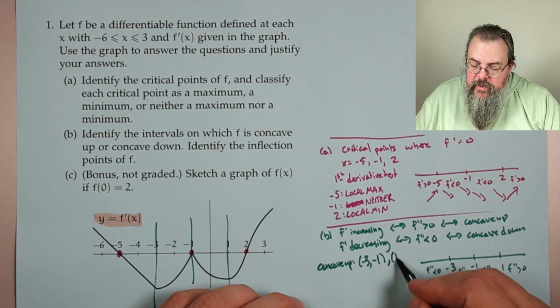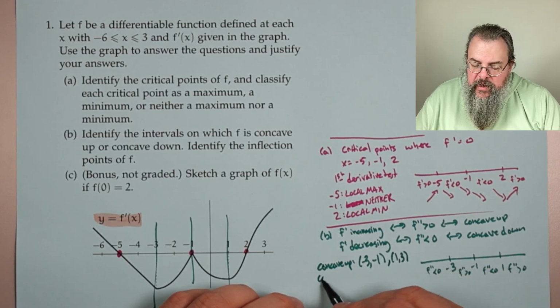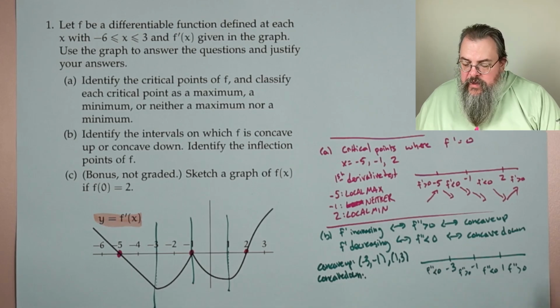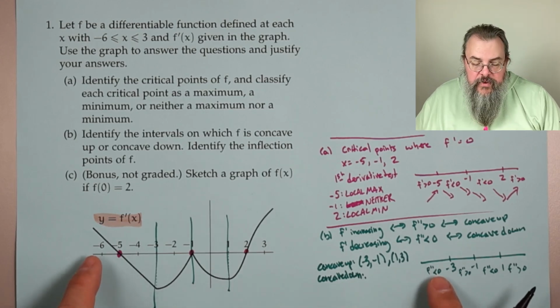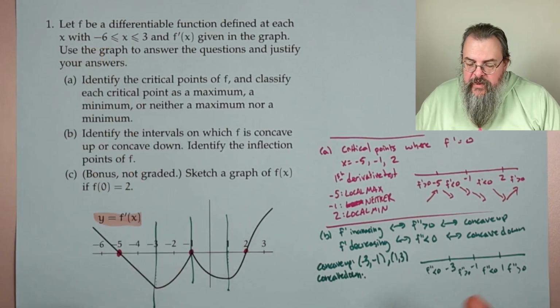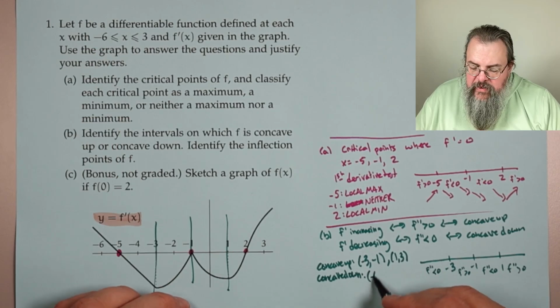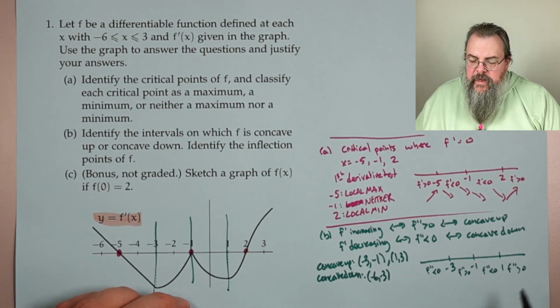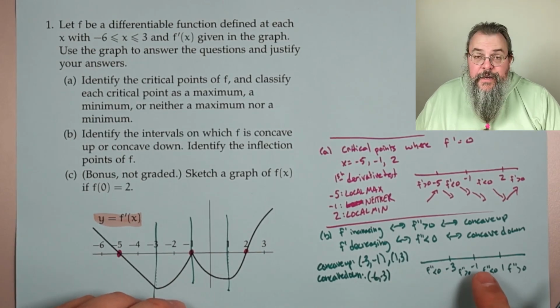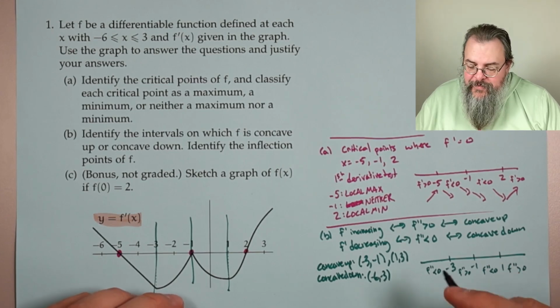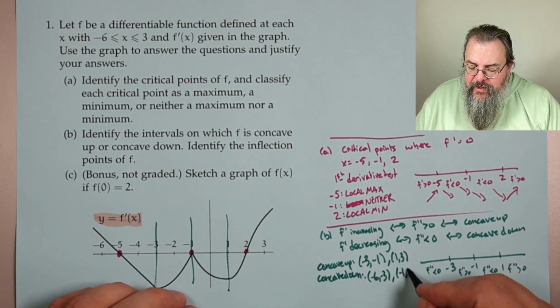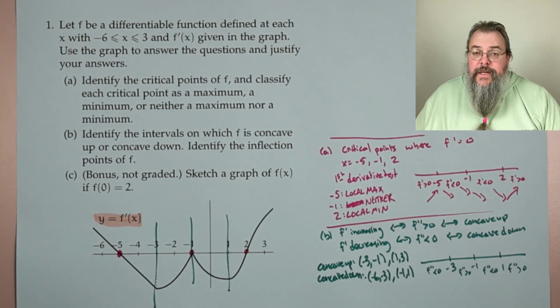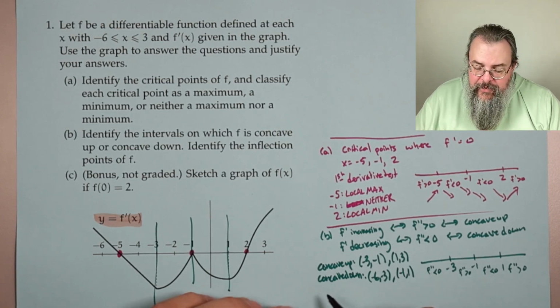So 1, 3. Concave down: it's before -3. We're starting at -6. So -6 to -3, and from -1 to +1. Okay, so there we go. Those are our intervals.